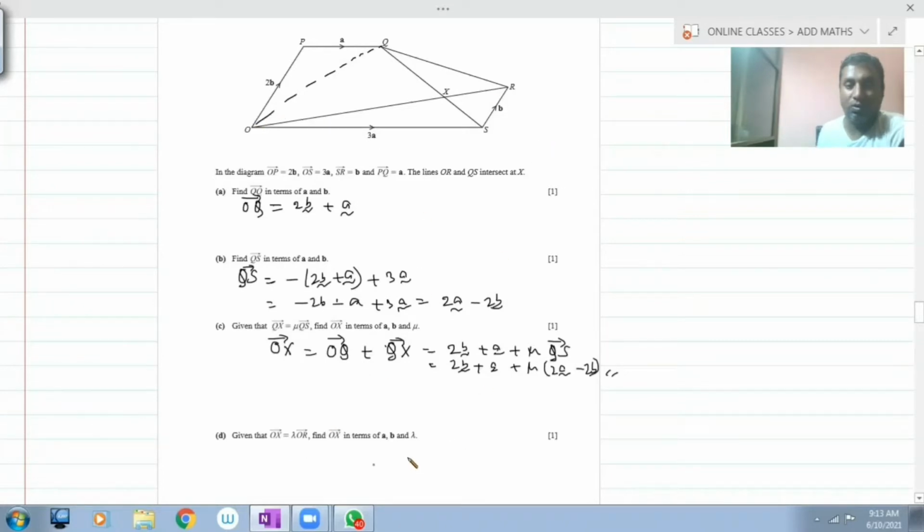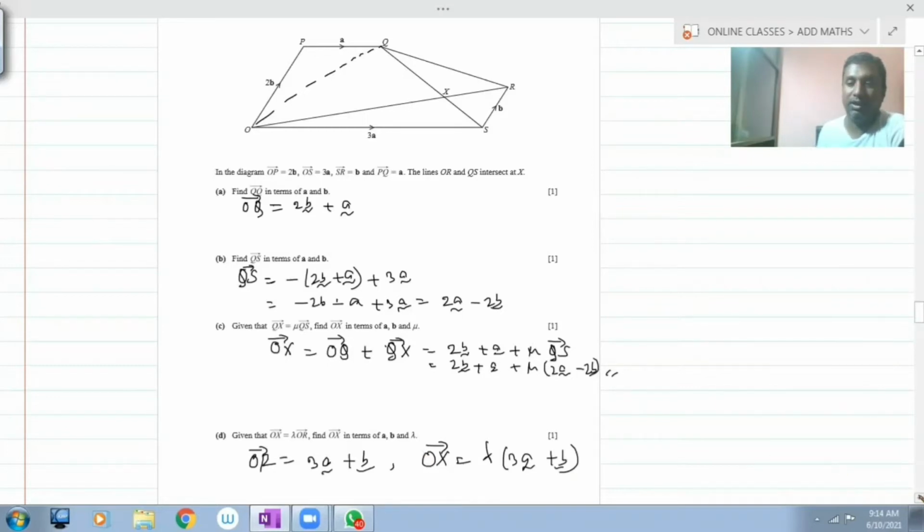O to R is O to S plus S to R, so we can write here 3a plus b. So now OX is lambda times OR, where OR is 3a plus b. I think it's quite easy to understand.